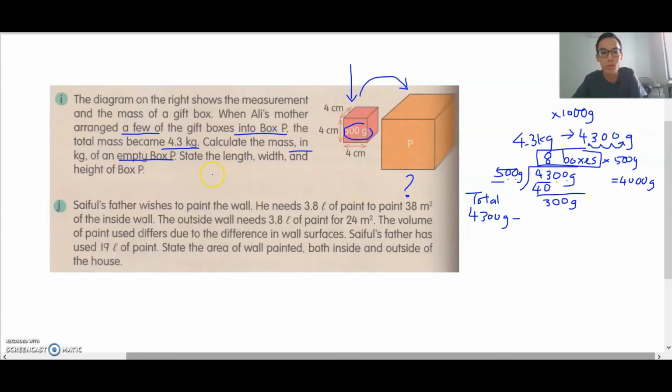Where do we get the total? From the question here, okay? From the question, we get the total. Okay, 4300 gram, we minus the 8 boxes, which is 4000 gram. Then we have a balance of 300 gram. So this is box P, the orange box.